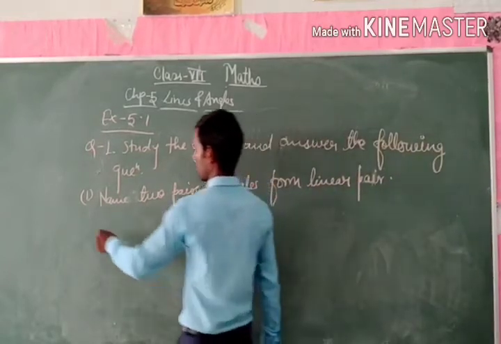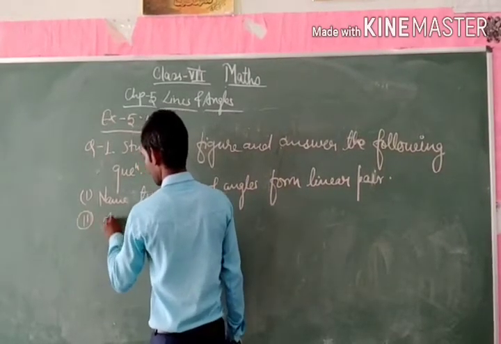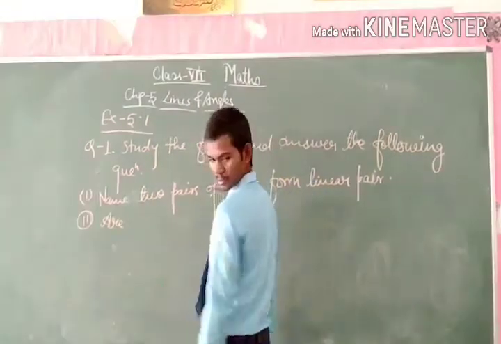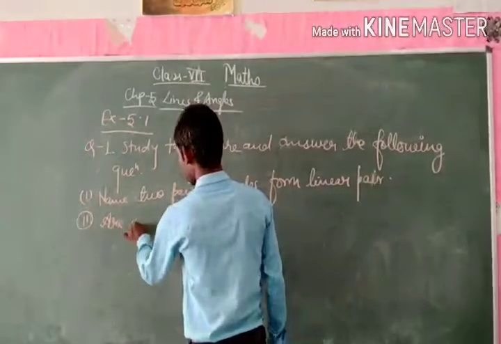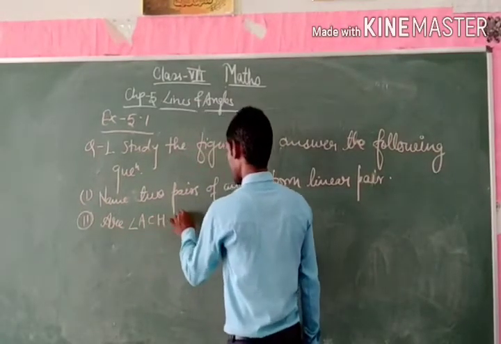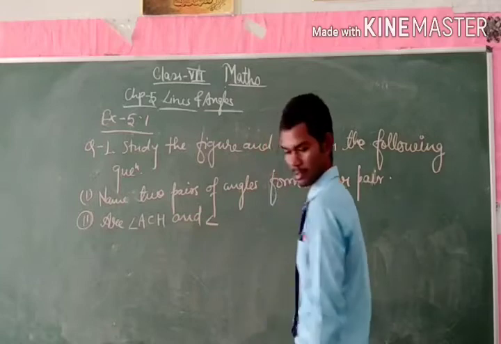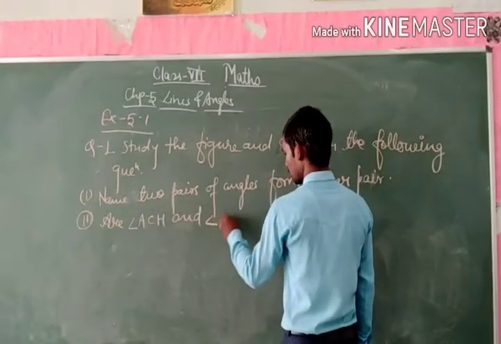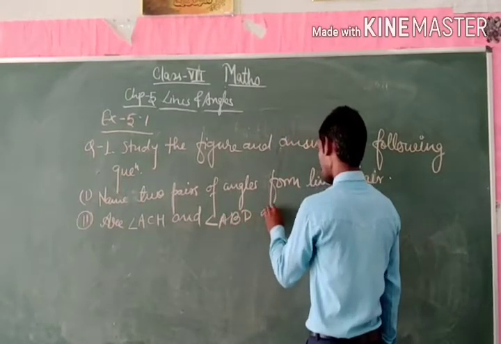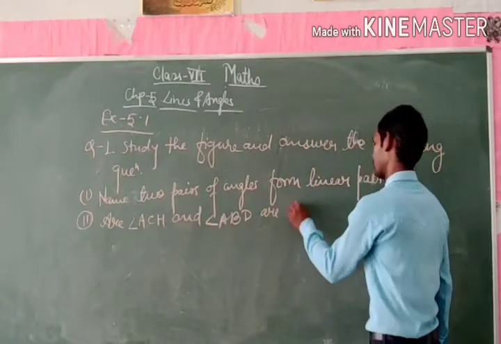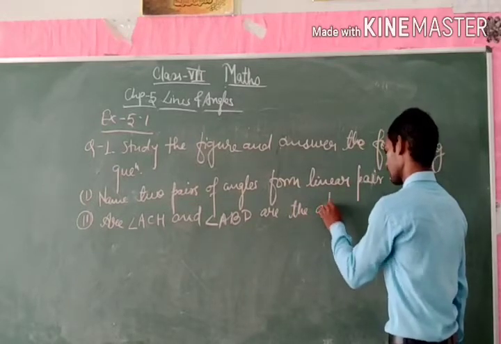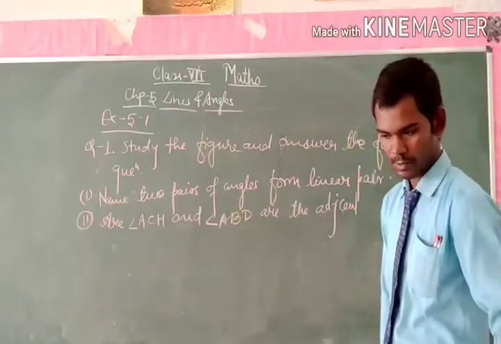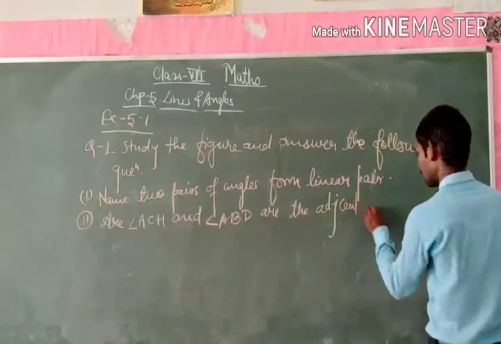The second one: are angle ACH and angle ABD adjacent angles?